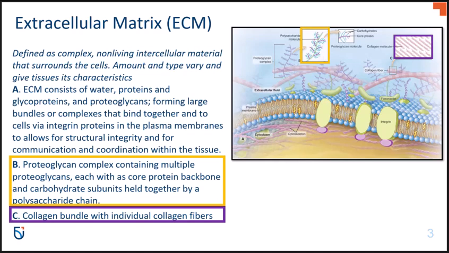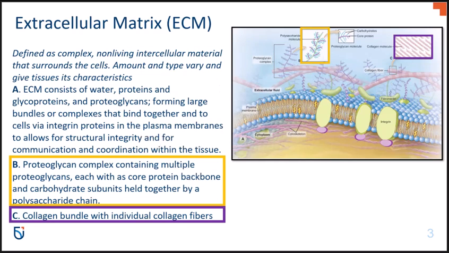We're going to spend some time now talking about the extracellular matrix, that non-living material that is found in between cells. It's going to consist of water, proteins, glycoproteins, and proteoglycans, of which we will elaborate on next. But what they do is they form these large bundles or complexes that are going to bind together, but also bind to the plasma membrane.